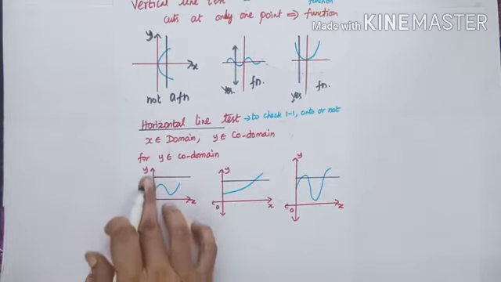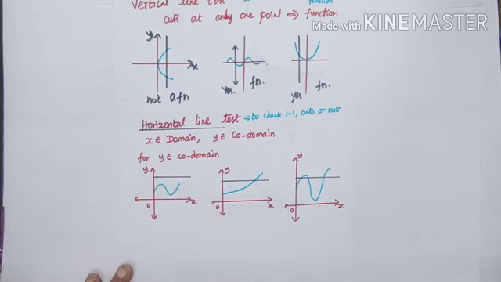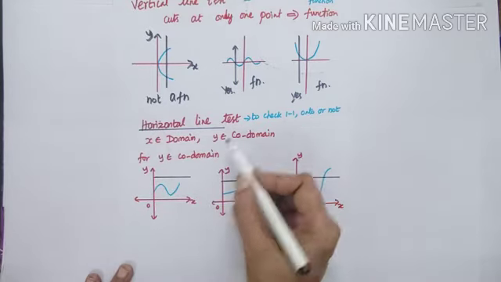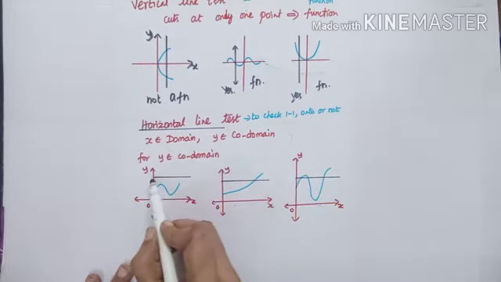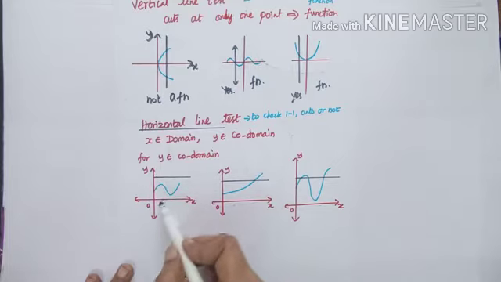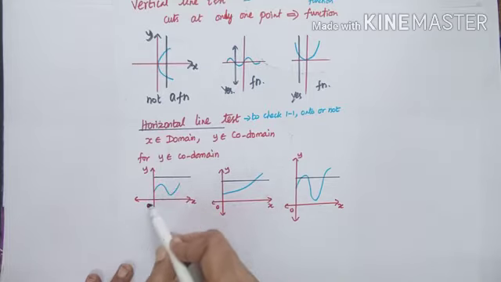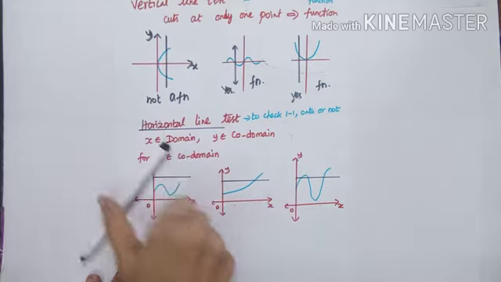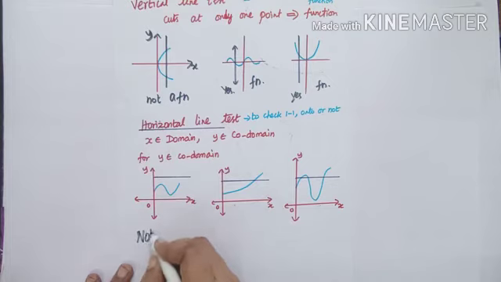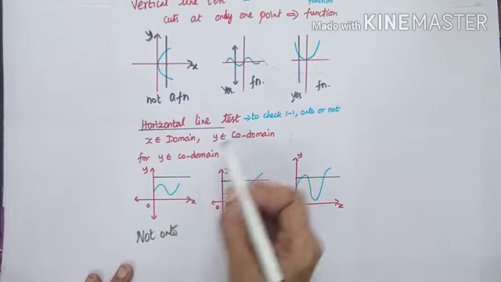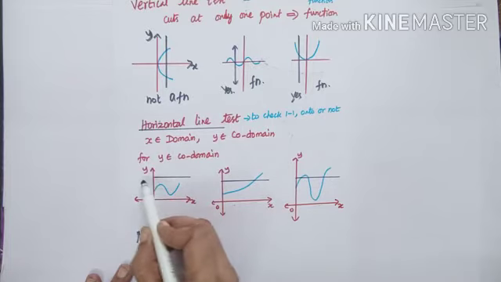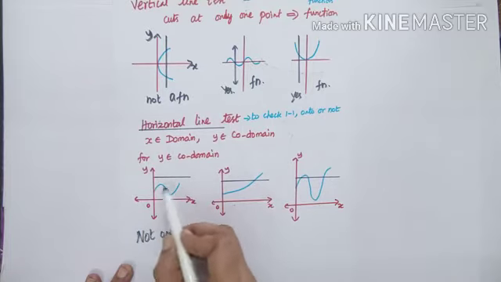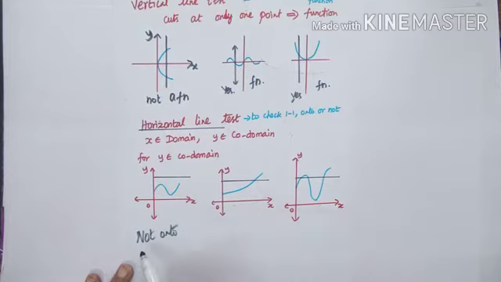So y values are in the codomain, x values are in the domain. So there is a codomain value y from which I draw a horizontal line. Does it touch the curve? The line does not touch the curve. So this I will say not onto. So whenever I draw a horizontal line from a point in the codomain, if it does not touch the curve, I will say this is not onto.